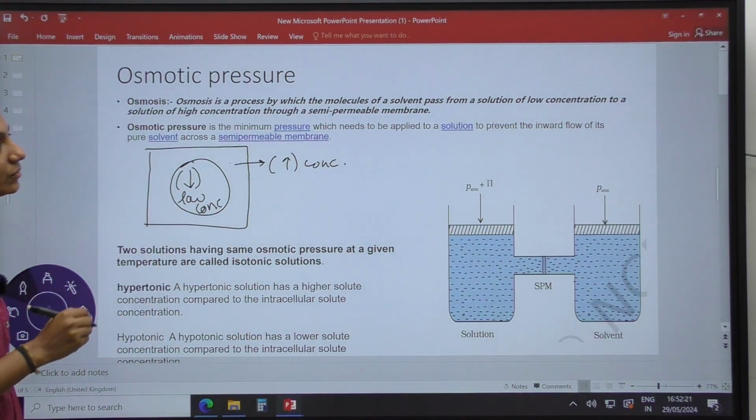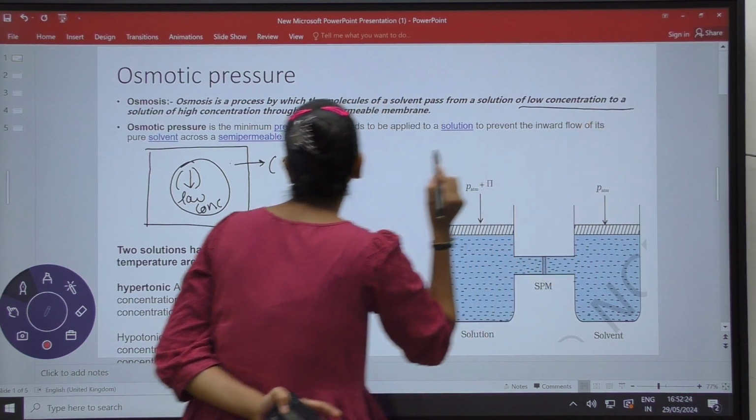Just now we have studied that movement is from lower concentration to the higher concentration.